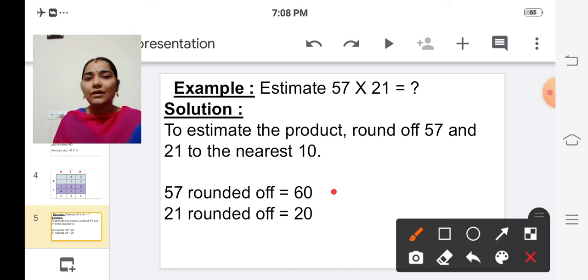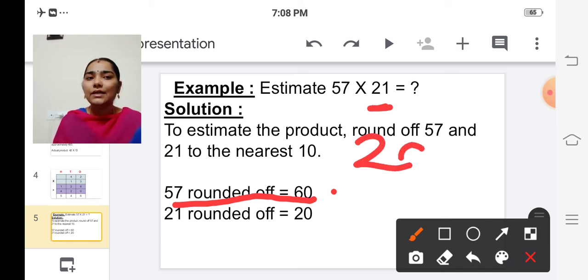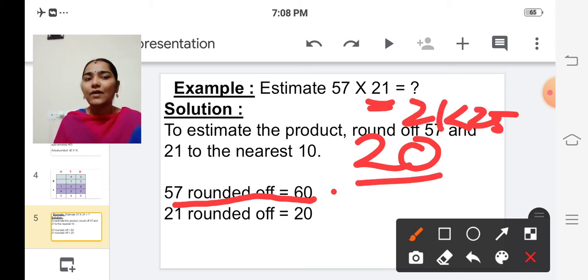And 21 can be rounded off to 20 because 21 is less than 25.